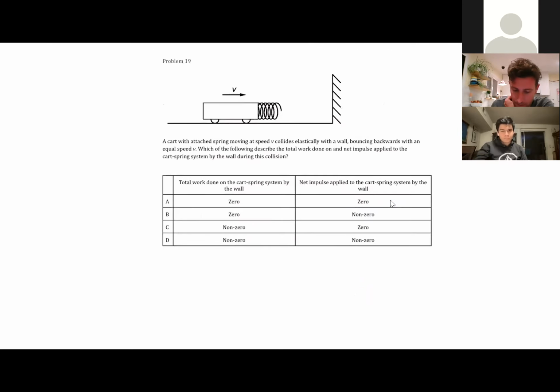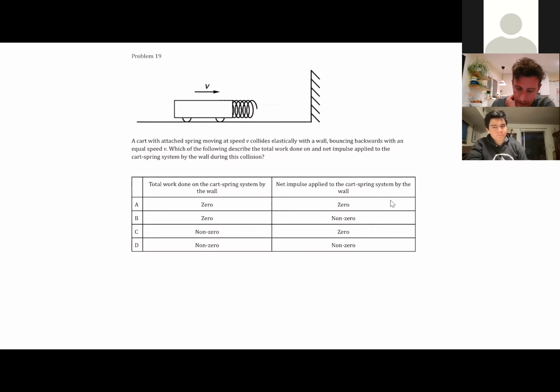Problem 19, same scenario. A cart with an attached spring moving at speed v collides elastically with a wall, bouncing backwards with an equal speed v. Which of the following describes the total work done on and net impulse applied to the cart-spring system by the wall during this collision?